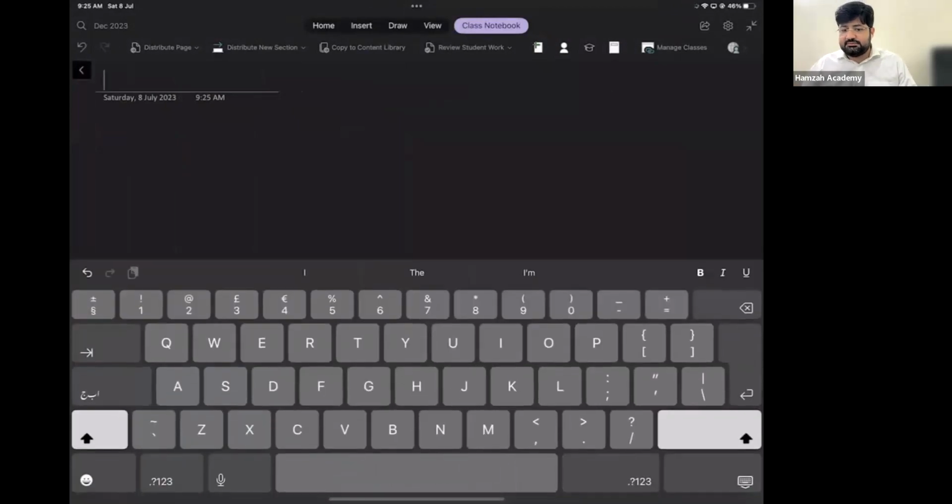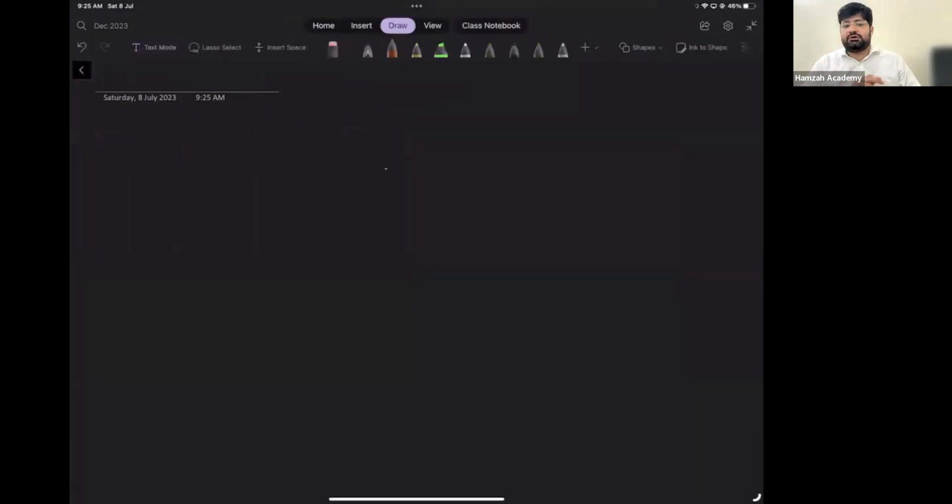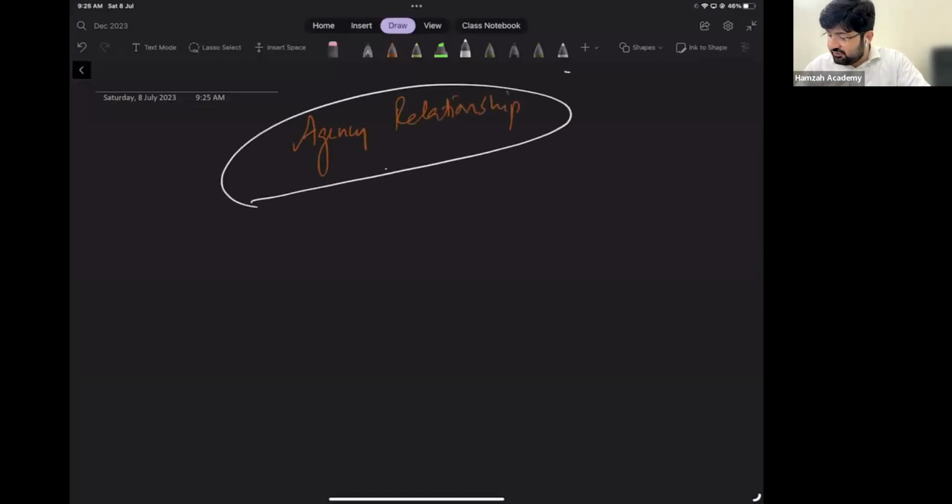So students, first of all, there is a concept of agency relationship. What is agency relationship?